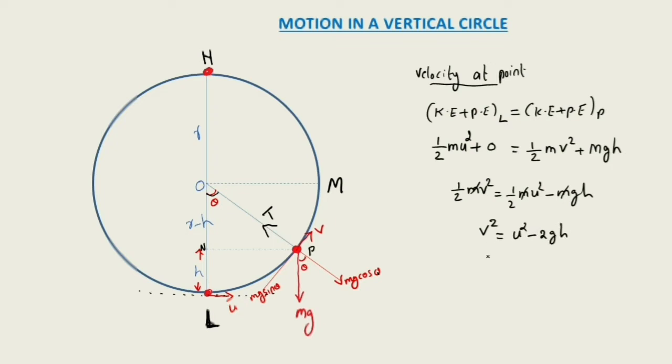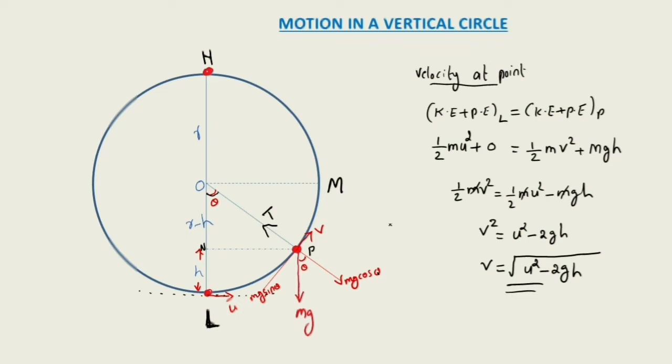This is the velocity square. So the velocity at the point P is v equal to root of u square minus 2gh. This is the equation for calculating the velocity at any point. In this case we are considering the velocity at the point P.